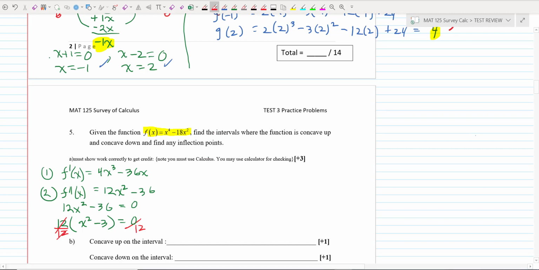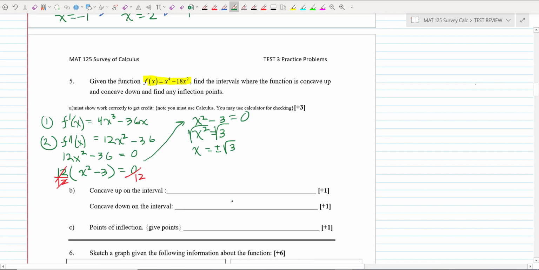You can always divide an equation by a constant. And what I'm going to have here is x to the second minus 3 is equal to 0. So I'm going to add 3 to both sides. That'll give x squared equals 3. I'll take the square root of both sides. And be sure that you understand here that you're getting two answers when you do the square root. So you have two places where it looks like the second derivative is equal to 0. Okay? So that's how you want to start that.